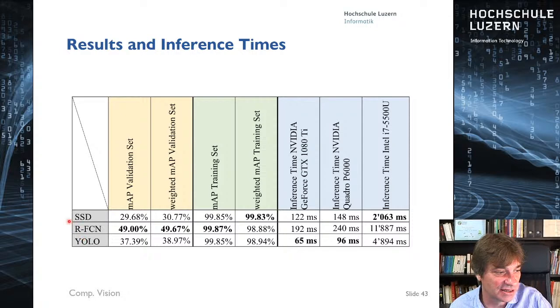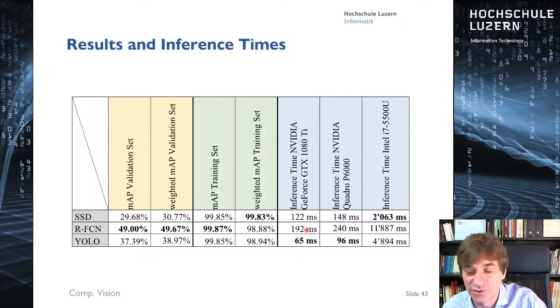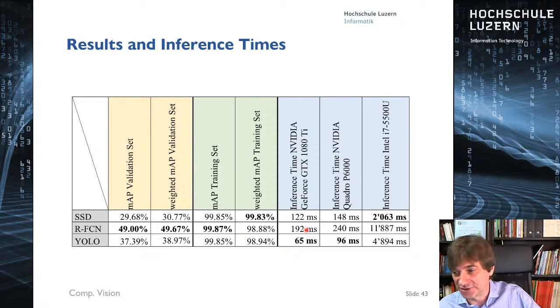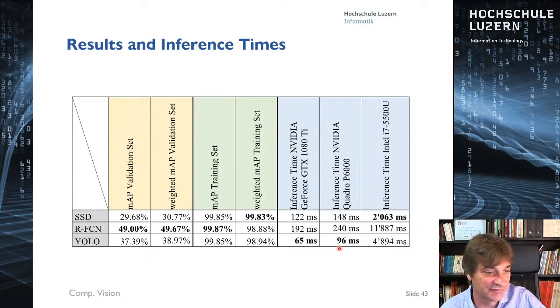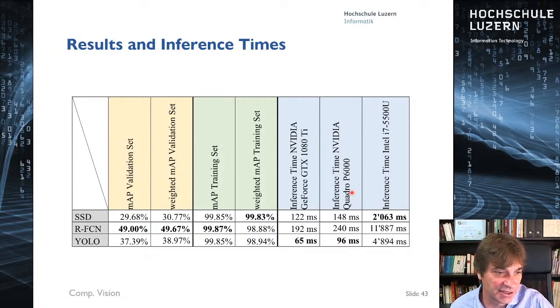So even the RFCN, which is the full convolution network, is not so bad with about 200 milliseconds, so you could do about 5 frames per second detection rate. But YOLO here is still a little bit faster. We also used some other GPU which has more memory, but not as fast computation power, so this was a bit slower then.